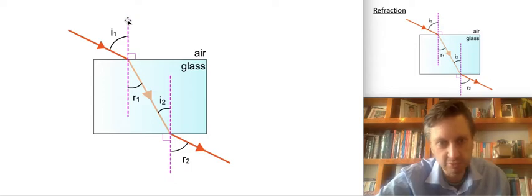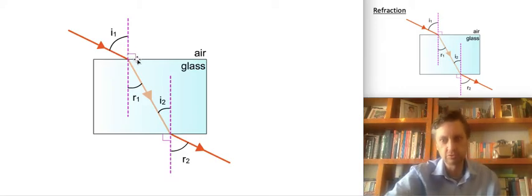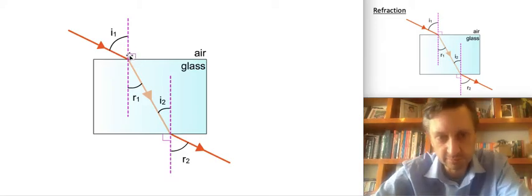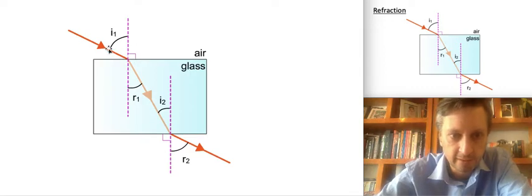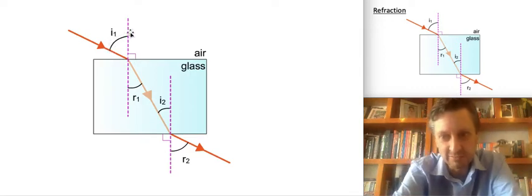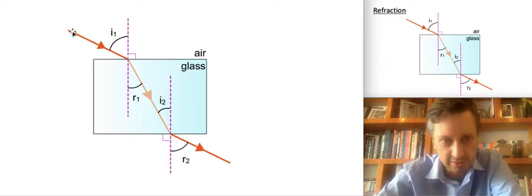We draw in a normal line that's at 90 degrees to the surface of the block, just like the normal lines we saw with mirrors. It's at 90 degrees. And this angle here we'll call I1. That's the angle of incidence of the ray of light moving from air into glass.